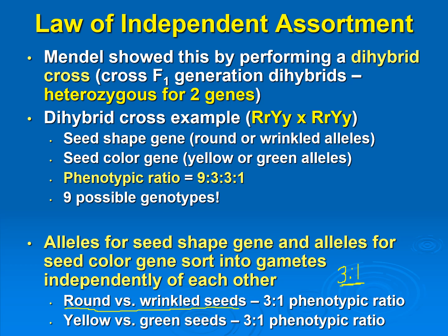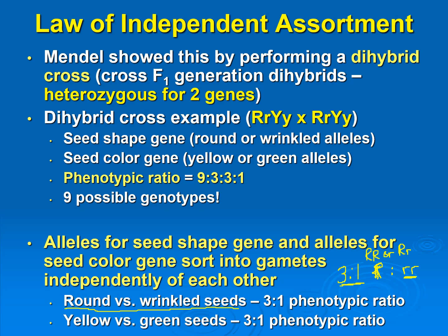Remember, the wrinkled seeds would be homozygous recessive, and the round seeds could be homozygous dominant or heterozygous. And that 3-to-1 phenotype ratio, we saw that with the law of segregation.